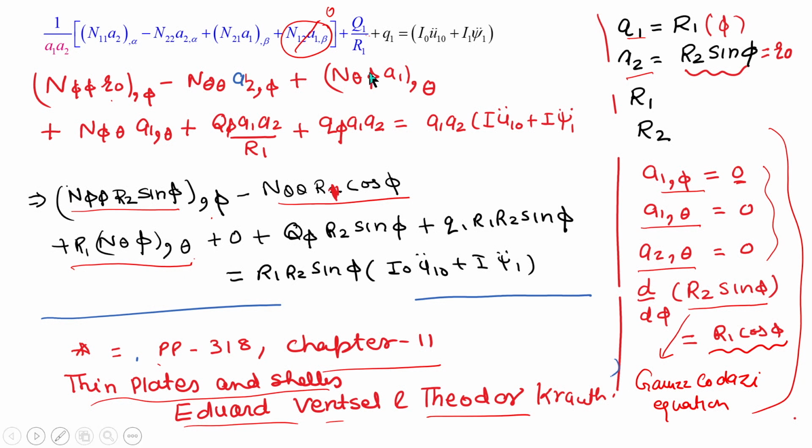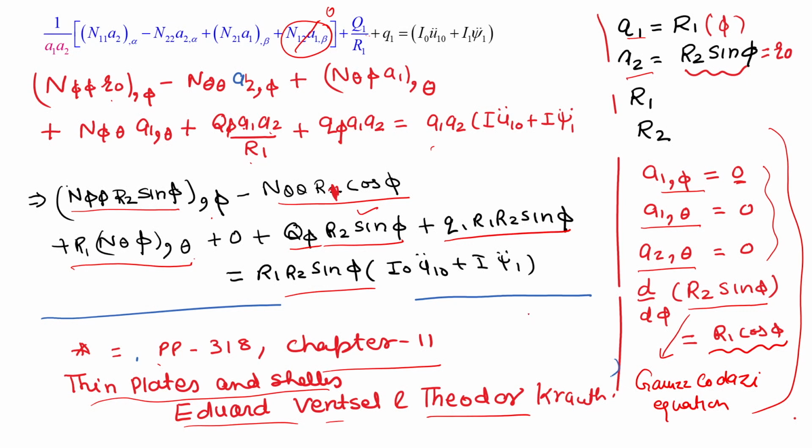So, q1 by r. Ultimately a1 a2 goes up here and r1 here, where a1 is r1 and a2 is r2 sin phi. So, r2 sin phi and r1 get cancelled out, and this one is q1 and then the dynamic terms. So, this is the form of the differential equation for the case of a doubly curved shell which is a surface of revolution.